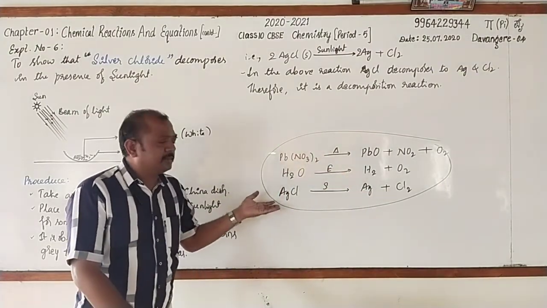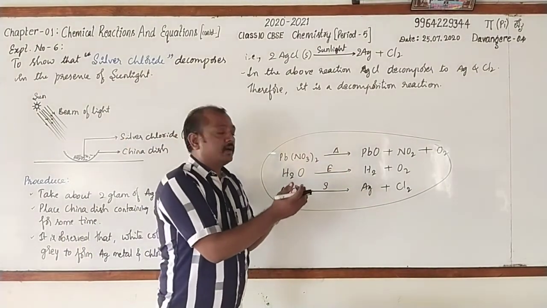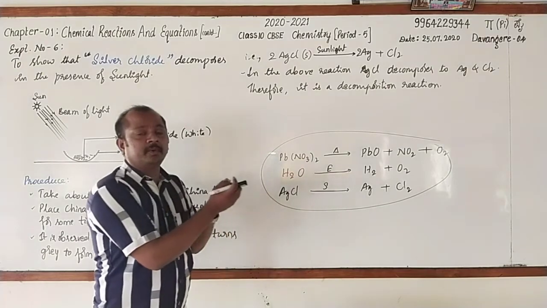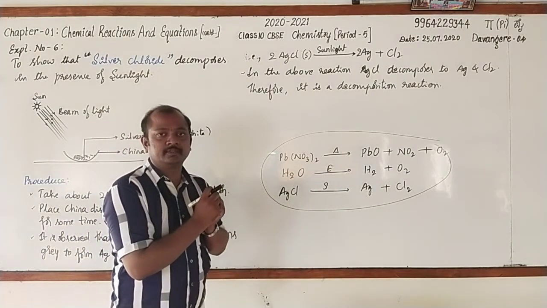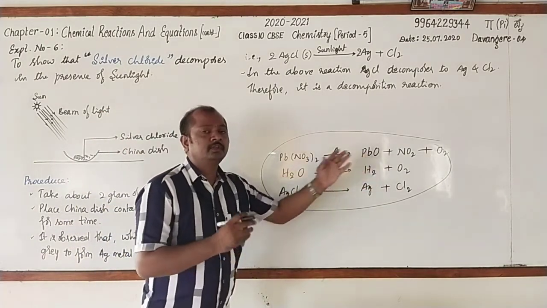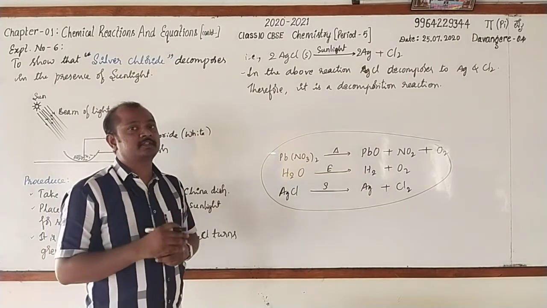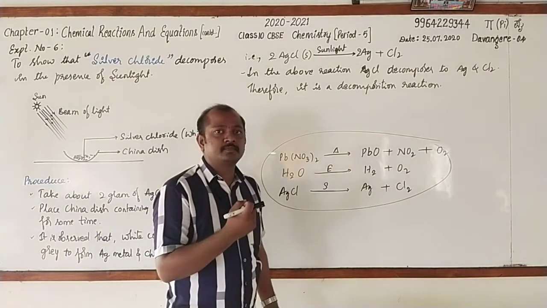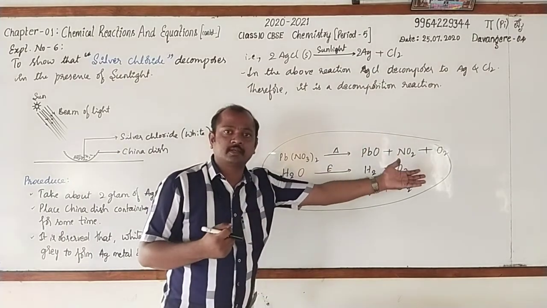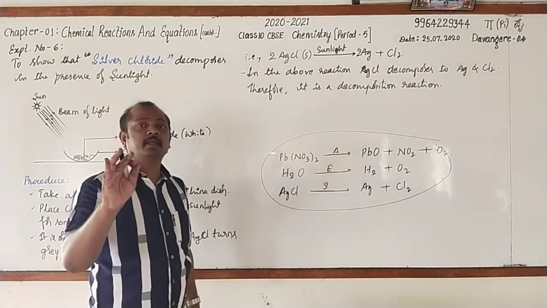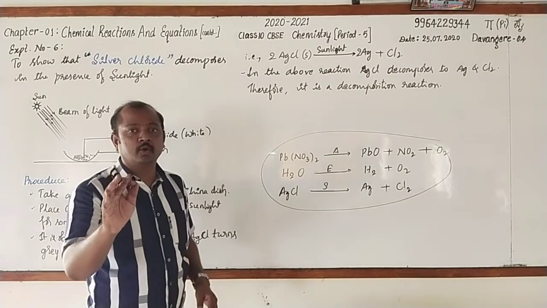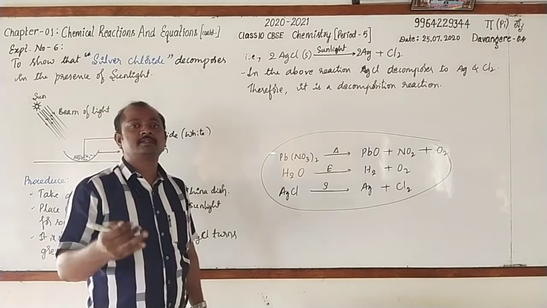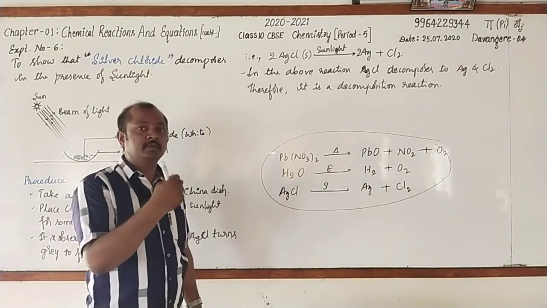Here, all these chemical reactions are carried out by absorbing the heat to produce the compounds. Then what do you call that reaction? The reaction in which energy is absorbed to form the products is called endothermic reaction. Endo means what? It is inside, within.